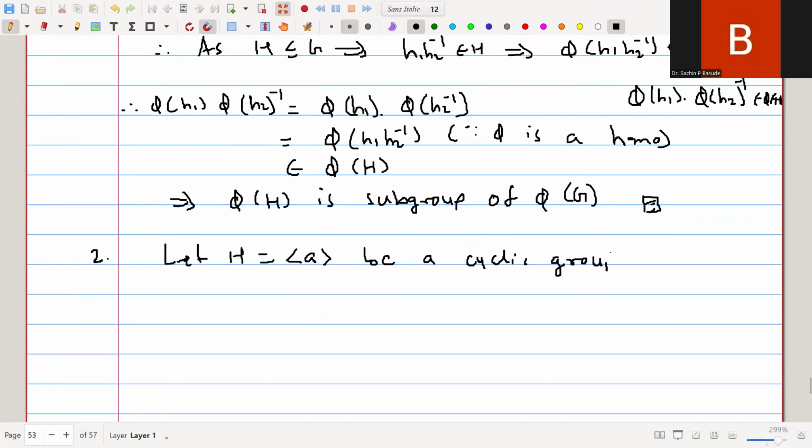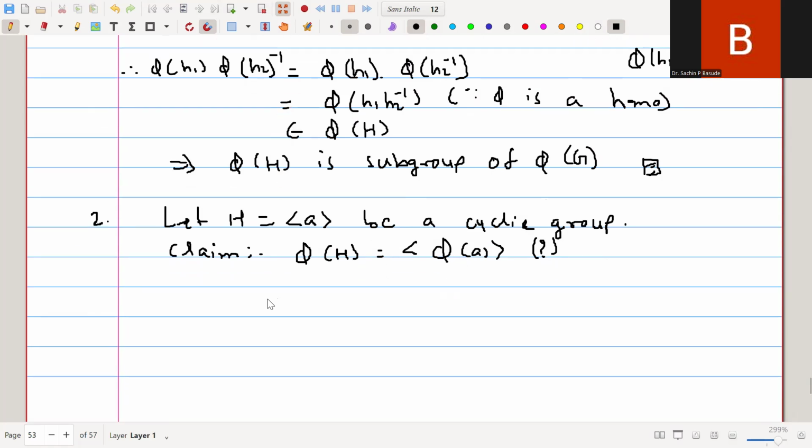To claim phi of H is generated by phi of a, we have to prove that every element of phi of H is some power of phi of a. As H is generated by a, every element of H is some power of a, by the definition of cyclic group.